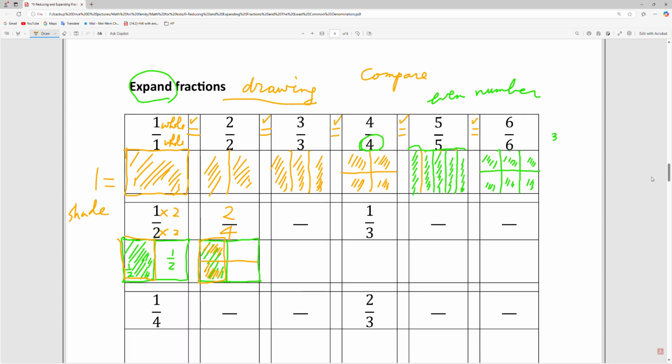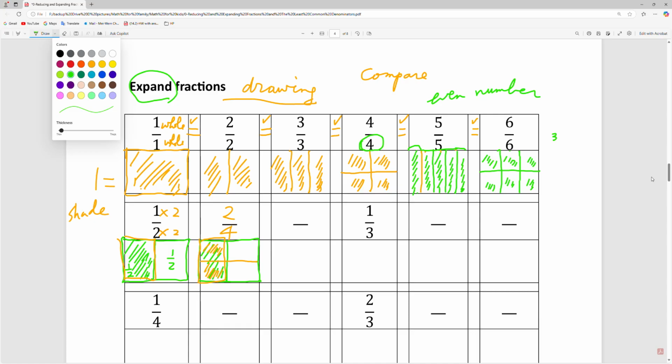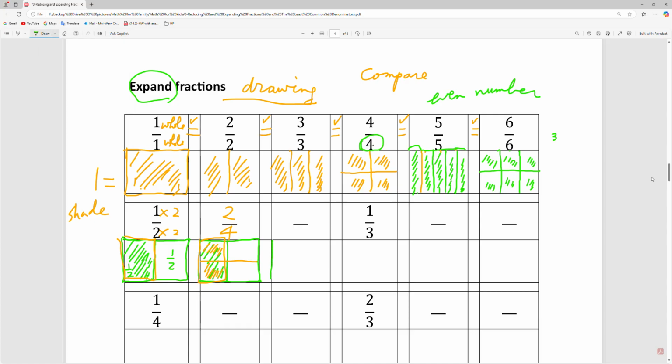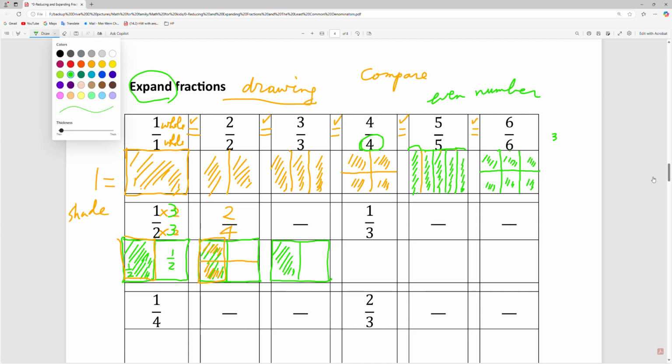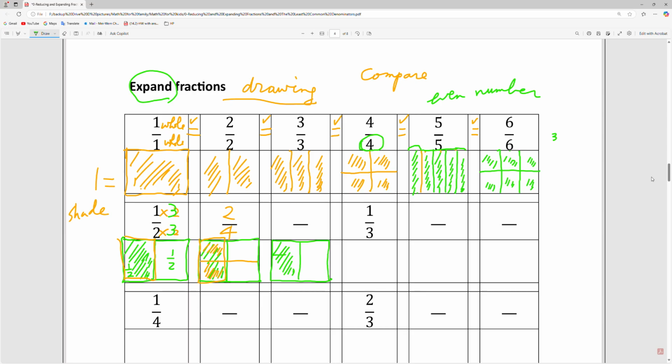Okay? Now with the same thing here, for example, if I want to cut into 6, if I would like to times 3. Originally I have half here, and I would like to times 3. So let me do it this way. I times 3. Oh, I want to change color, sorry.